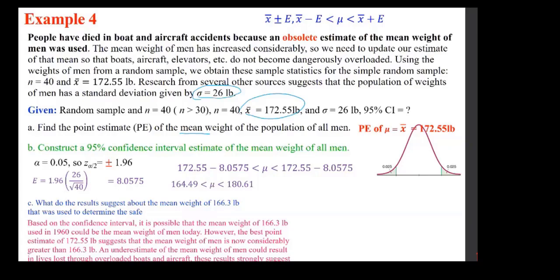However, the best point estimate of 172.55 pounds suggests that the mean weight is now considerably greater than 166.3. An underestimate of the mean weight of men could result in lives lost through overloaded boats and aircraft. These results strongly suggest that additional data should be collected.